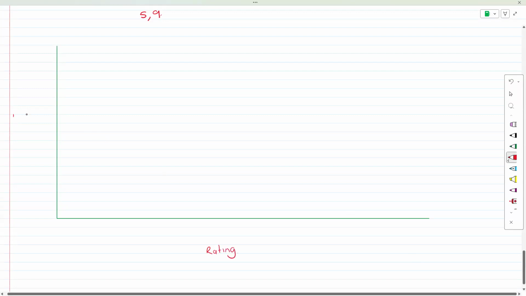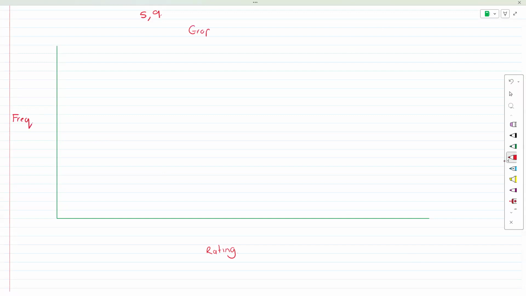We need to put our y-axis as frequency, and you need to show this as graph showing. Please put a label, rating, first frequency of children's scores or scores given by the department, but it's up to you guys.